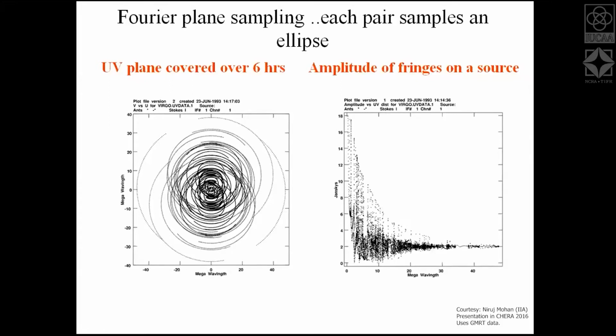The aperture synthesis benefits from using a large number of antennas, which allow us to make NC2 pairs. Each pair can measure a particular point in this plane. With Earth rotation, we can use the same pair to measure information along a track in the UV plane. That's called Earth rotation synthesis.